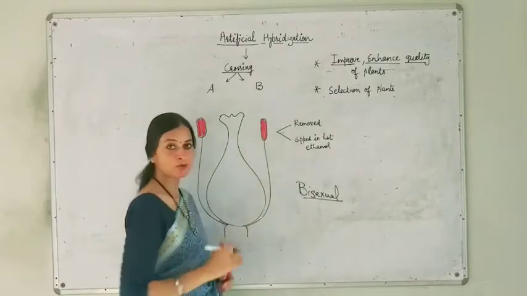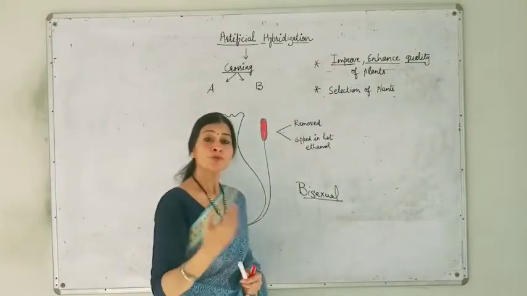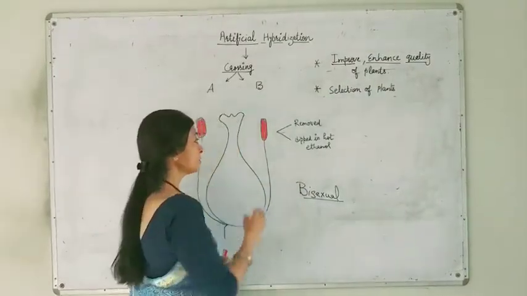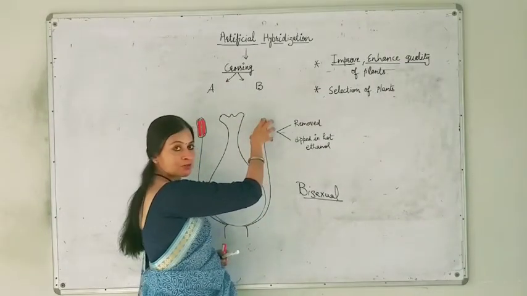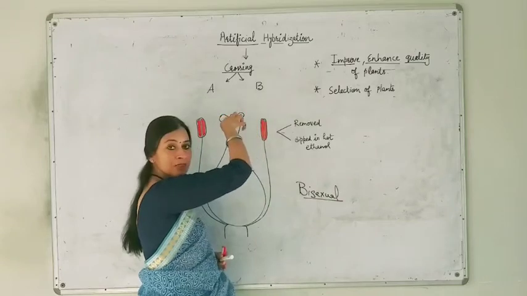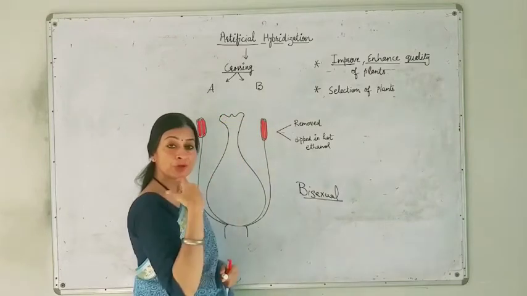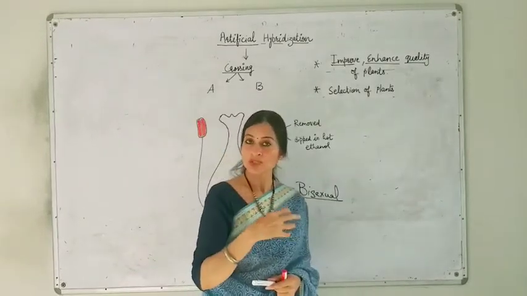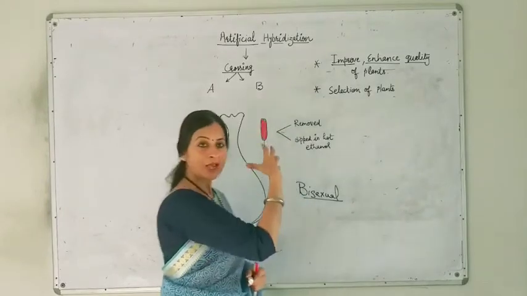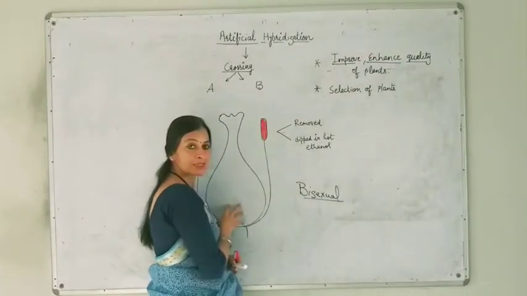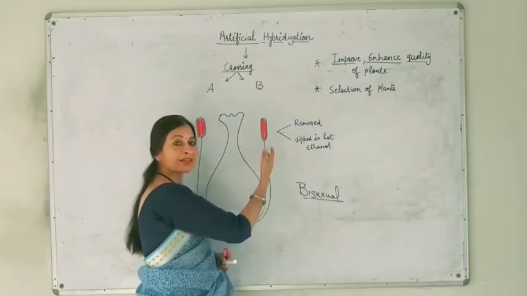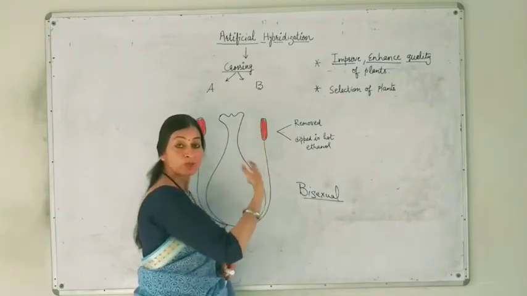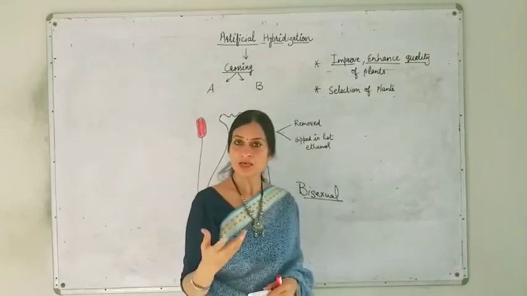This is a bisexual flower. Now we don't want the pollen grains from this flower to fall on this stigma, because we don't want the egg in this pistil to fertilize with the male gamete of the same plant, because we want to introduce new features.